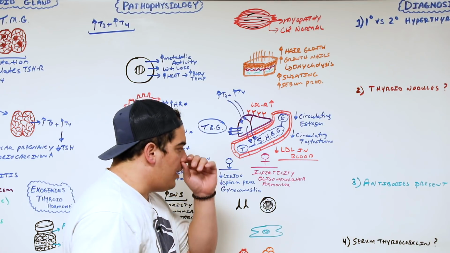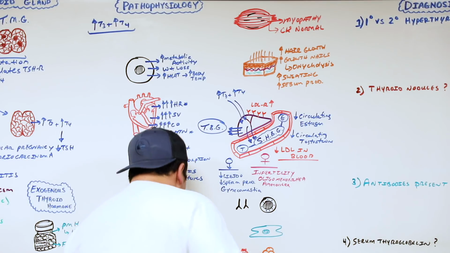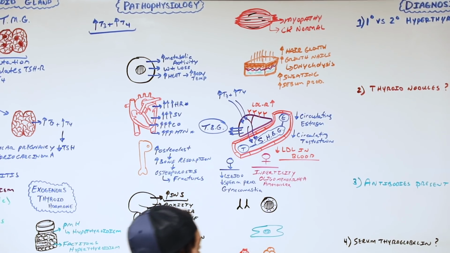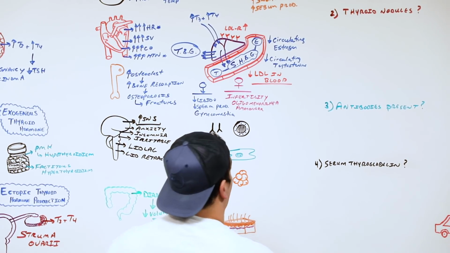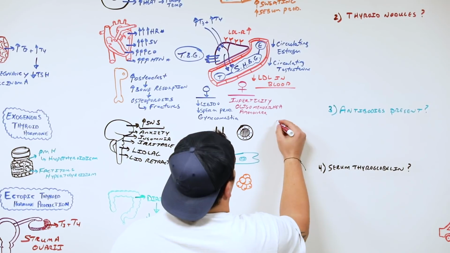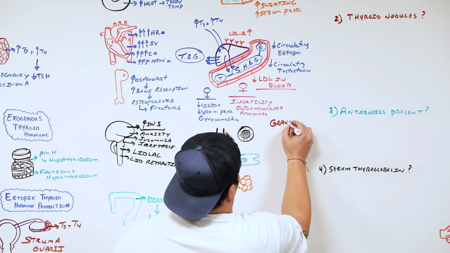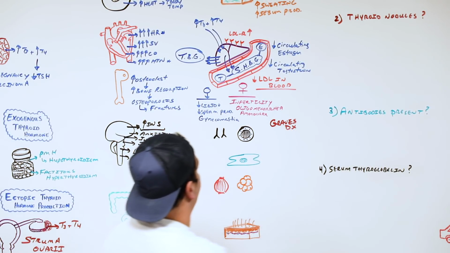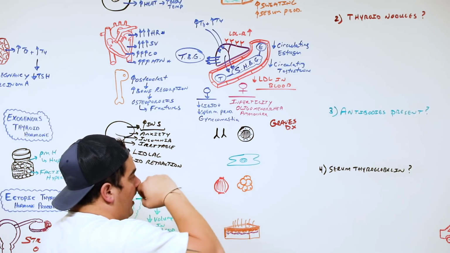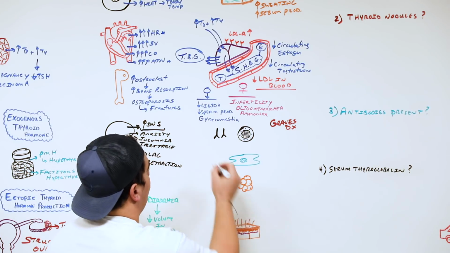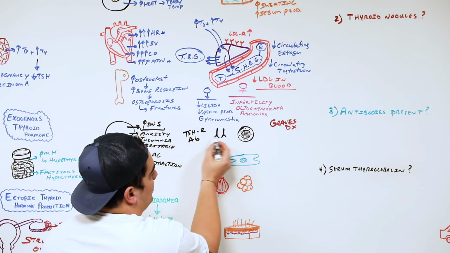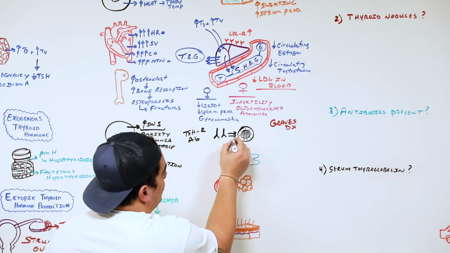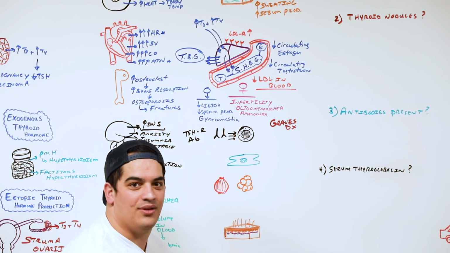All right, the next thing, and this is the one that's particular to Graves' disease that I need you guys to remember. So let's put a little note here on the side that this here is only particular to Graves' disease. Okay. Remember these antibodies? What are these antibodies again? Those TSH receptor antibodies. Sometimes what they can do is activate T cells within our body.